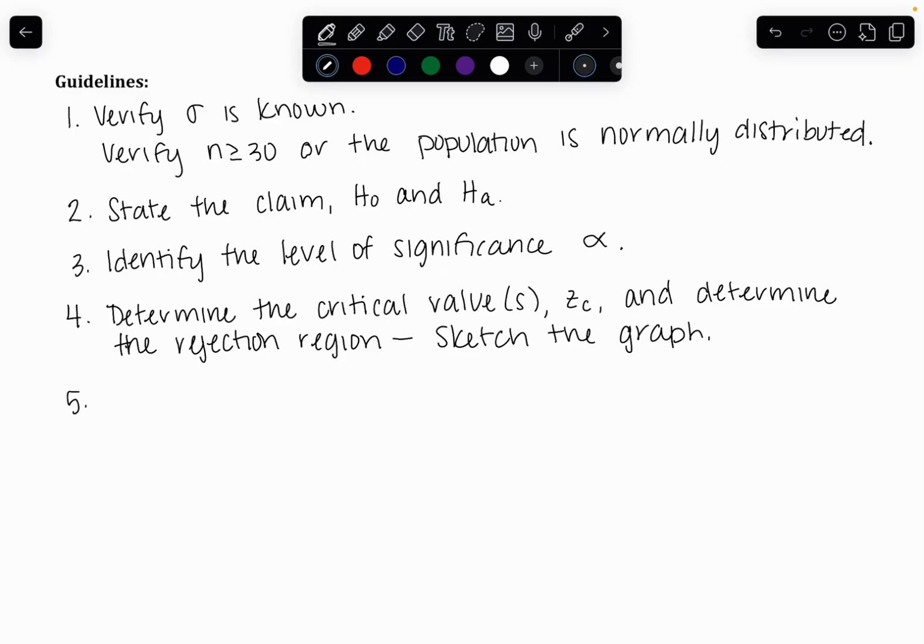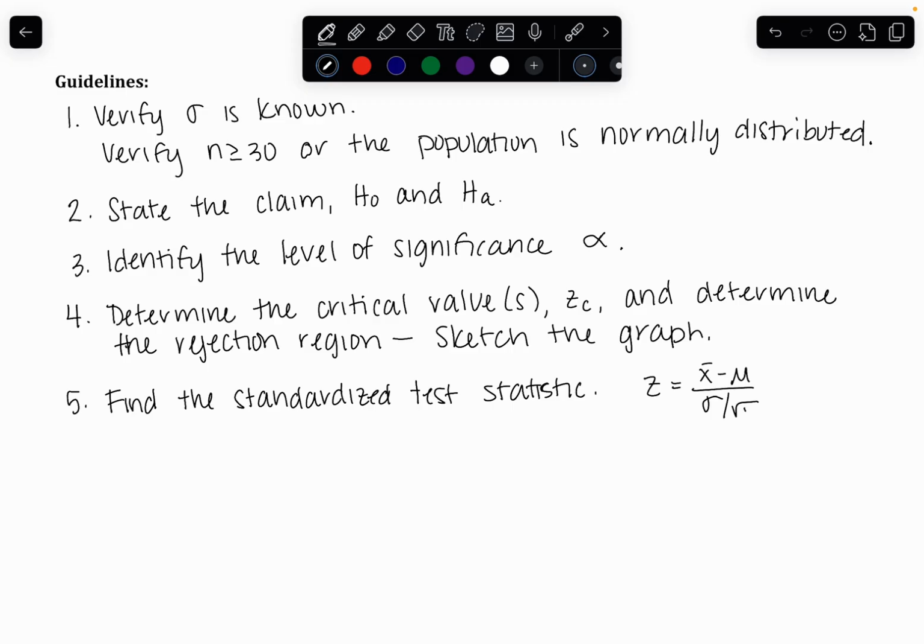Fifth step, we're going to find the standardized test statistic, z equals x bar minus mu divided by sigma divided by the square root of n.